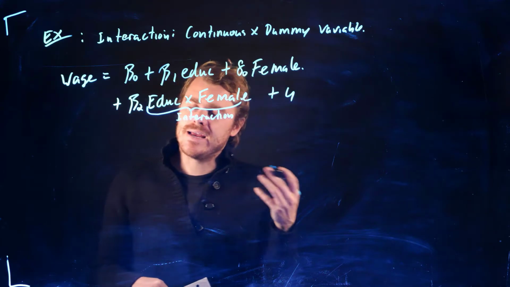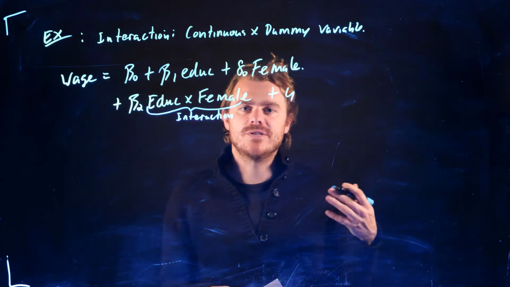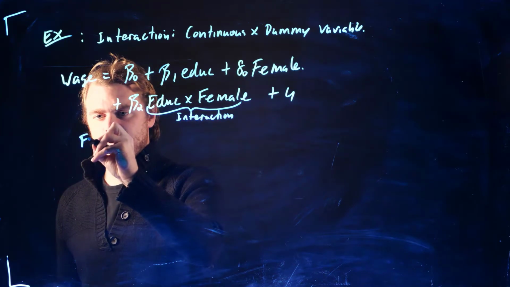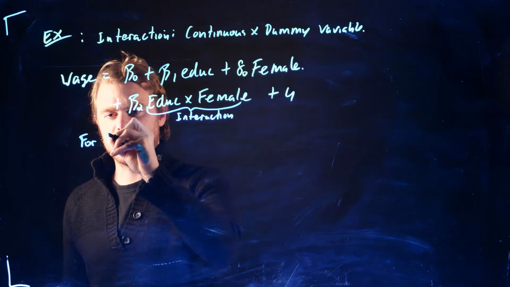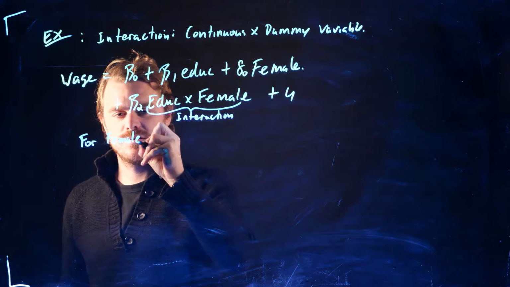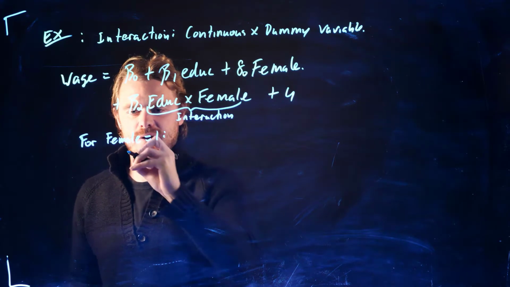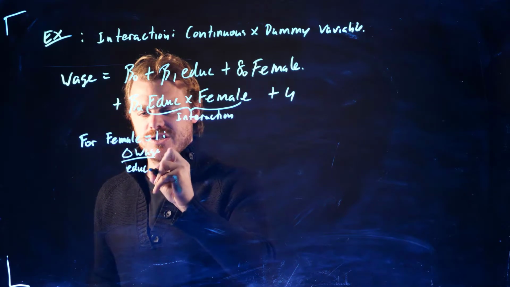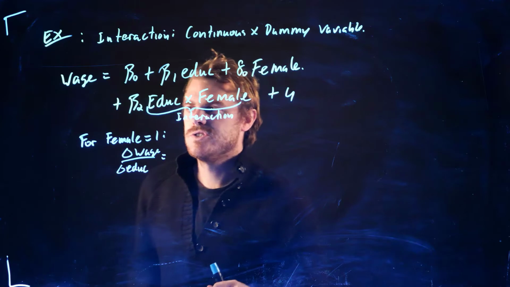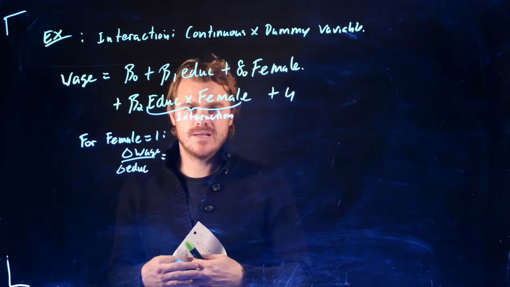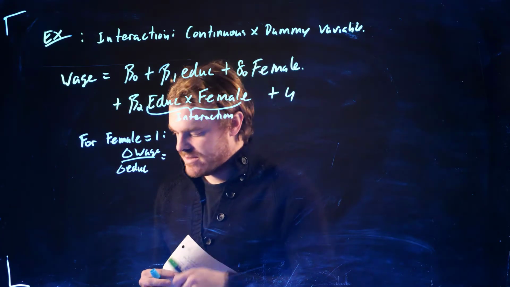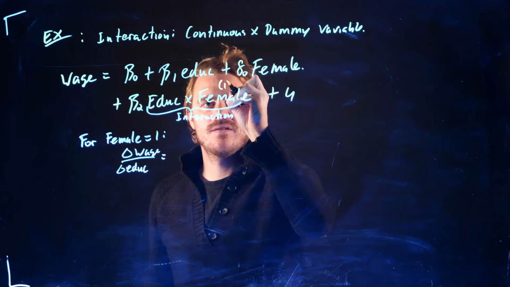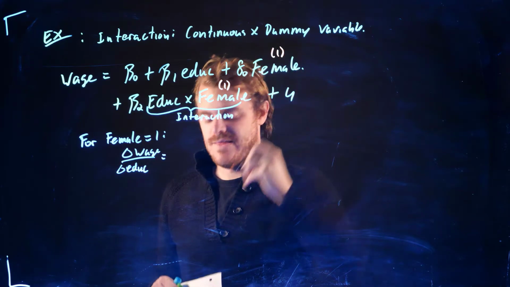And again, what I alluded to before is it's different slopes for different folks. So let's think about, for people who identify as female, the change in wage from a change in education. So if you identify as female, this equals 1, and this equals 1.